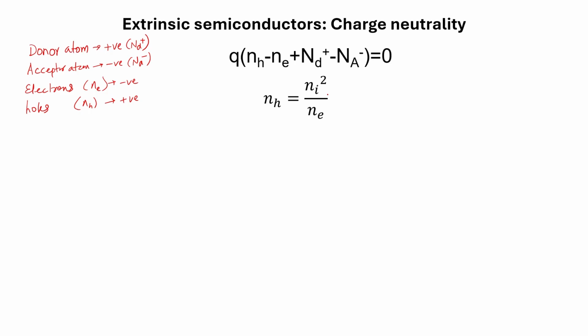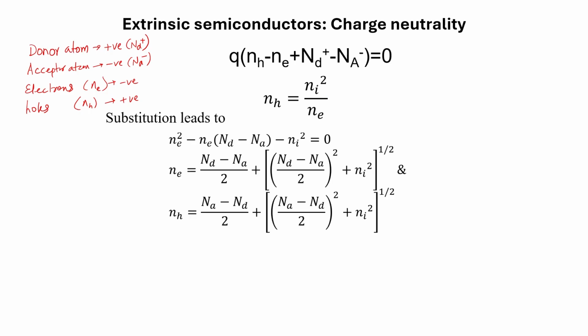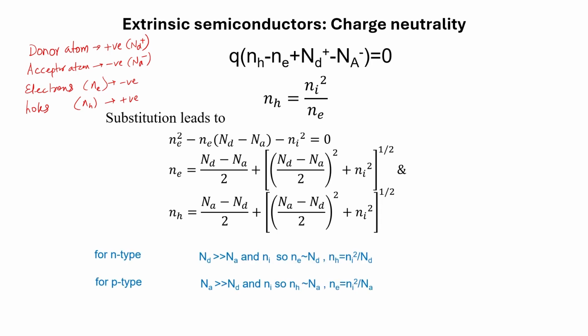So, we can say that Nh is equal to Ni square divided by Ne. If we substitute this in the previous equation, we can write a quadratic equation here and we can solve it for Ne and Nh. It turns out Ne will be equal to Nd minus Na divided by 2 plus Nd minus Na square divided by 4 plus Ni square to the power 1.5, and same for Nh.